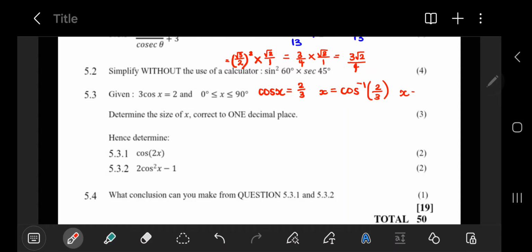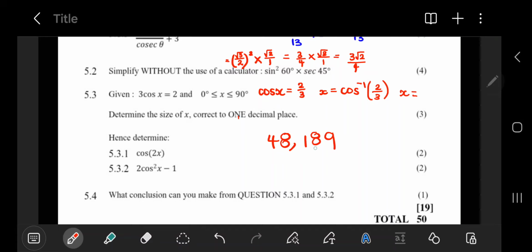Now, how do you put this on your calculator? You are going to press Shift cos. When you press Shift cos, you will have cos to the minus 1. You fill in 2/3 in your bracket, close the bracket, and get your answer. Now here, they wanted the value of x correct to 1 decimal place. So let's see what we get. Now firstly, we get 48.189.